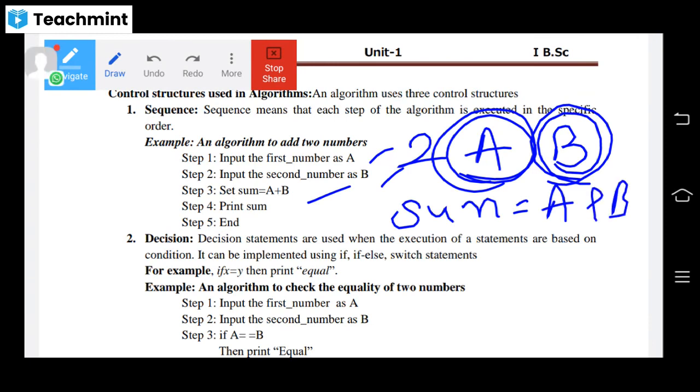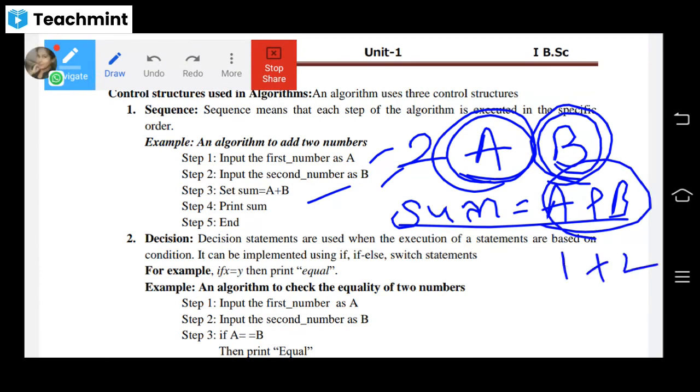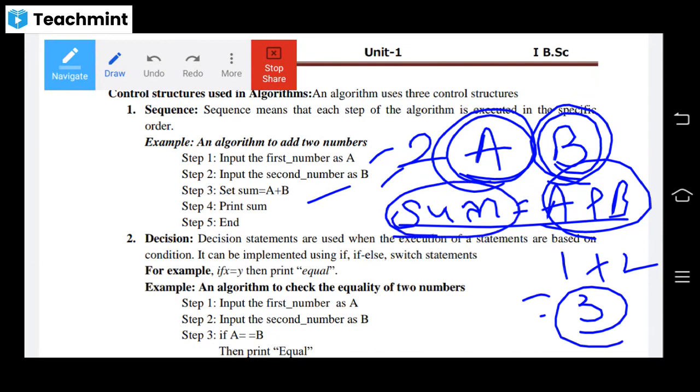This is the logical processing. Suppose I give 1 plus 2, ultimately I got the answer 3. This value 3 is stored in this variable, sum.